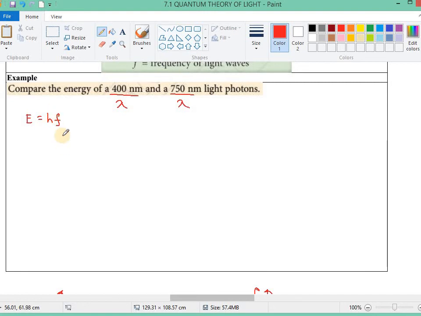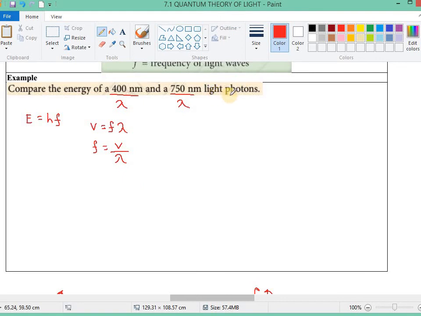So how can we get the frequency? We can calculate the frequency using the wavelength. From the wave equation, wave speed equals frequency times wavelength. So the frequency equals the wave speed divided by the wavelength.